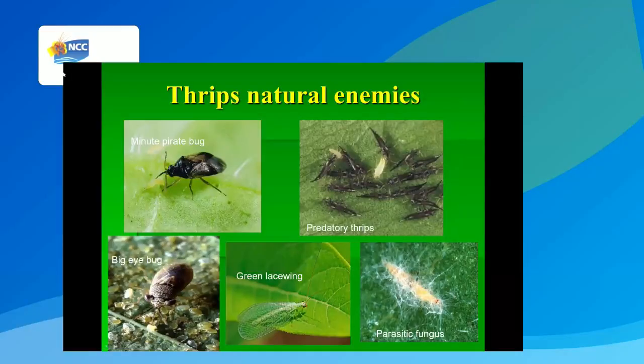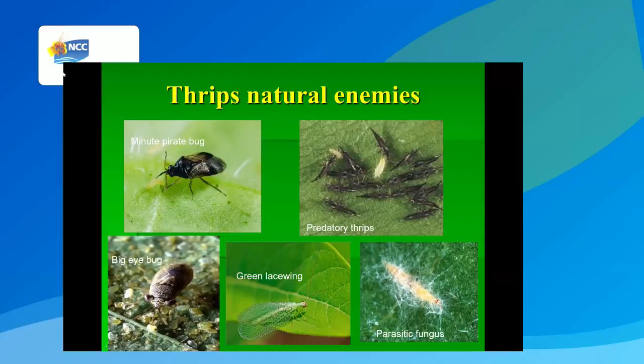And like most of the rest, thrips have natural enemies, predators, and even a fungus that will feed on them or parasitize them. And you see here the minute pirate bug, and these things are very small. You see it with the elongated mouth part there, like a needle, piercing the thrips' body and sucking the body fluids out and killing it.